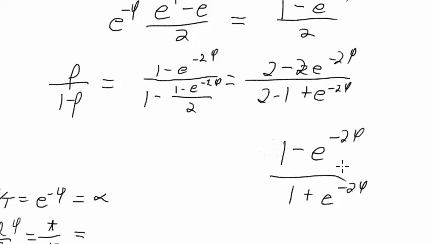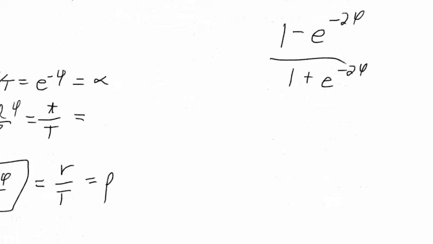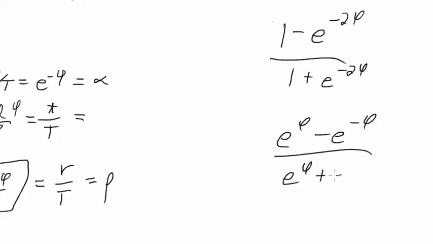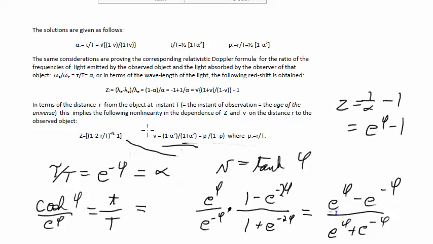And if we multiply that by e to the phi over e to the phi, we'll get e to the phi minus e to the negative phi over e to the phi plus e to the negative phi, which is hyperbolic tangent of phi. Okay, good. So yeah, that one was confirmed.